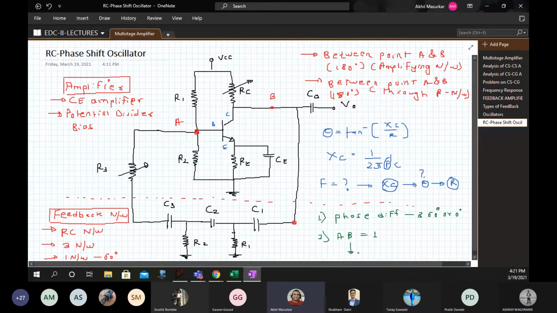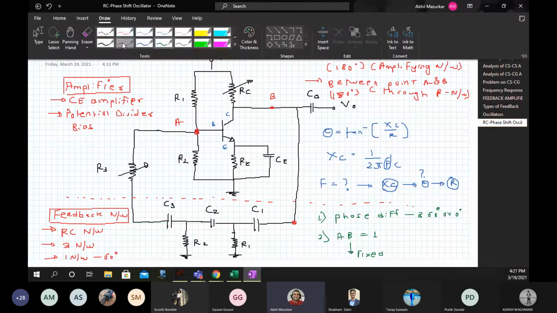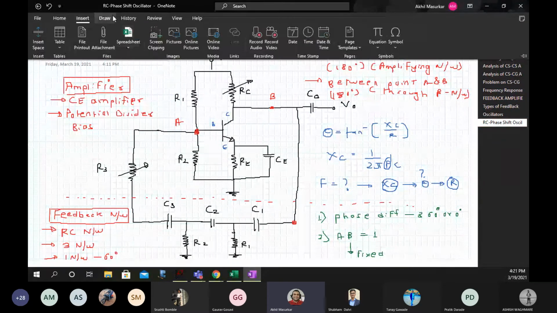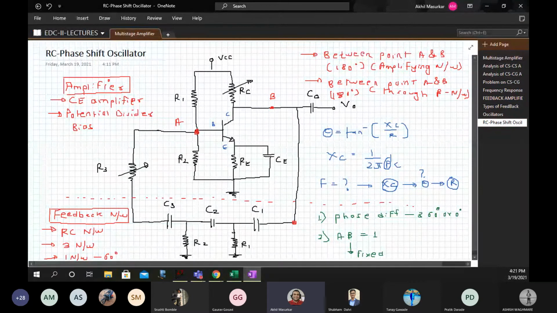Out of this, beta is fixed, because beta has fixed values R1, R2, C1, C2 and so on. I'll just name these RA and RB for the time being.